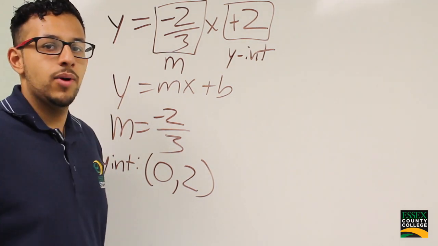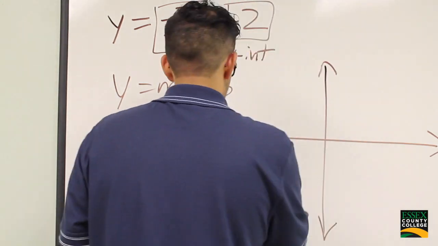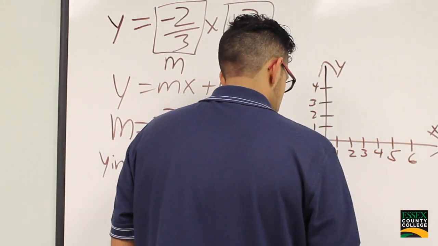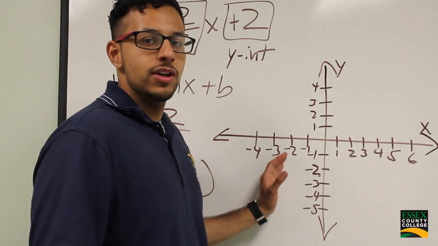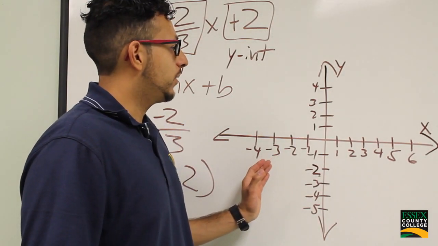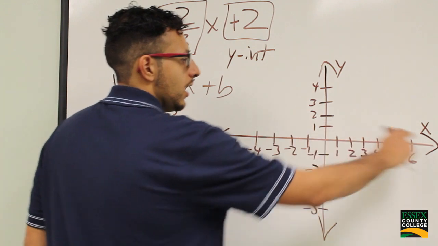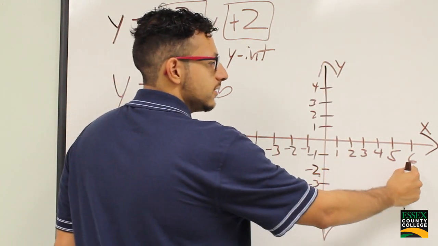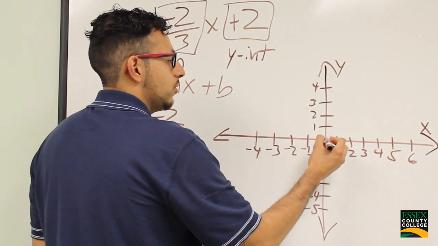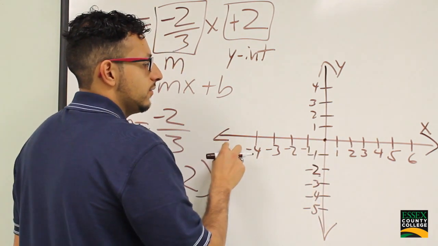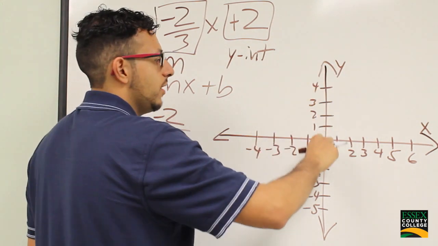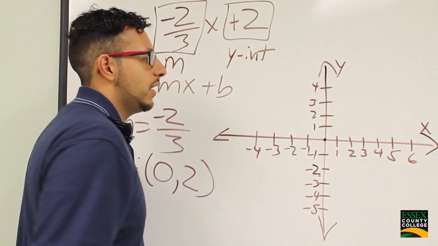Now let's draw the x and y plane. After you finish drawing your x and y coordinate plane, x being horizontal, y being vertical, positive x to the right of the origin, negative to the left, positive y above the origin, below is negative numbers.